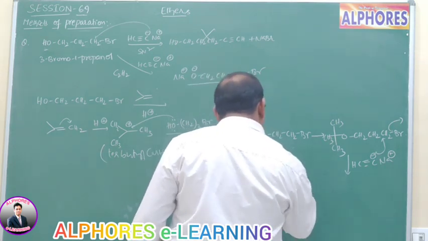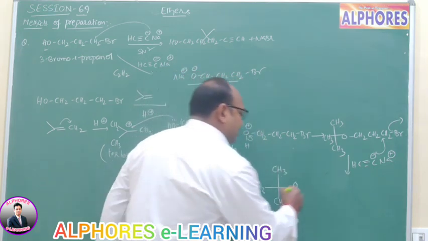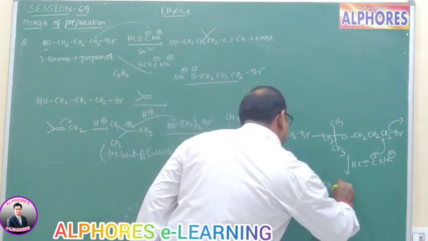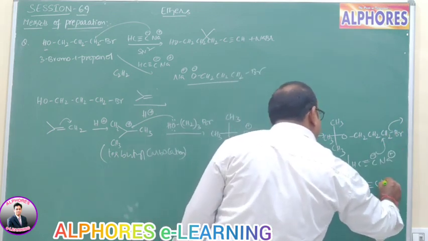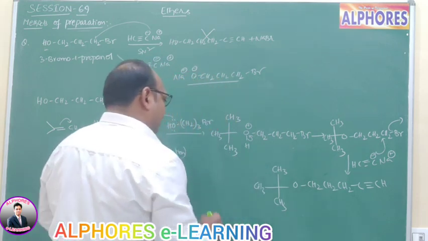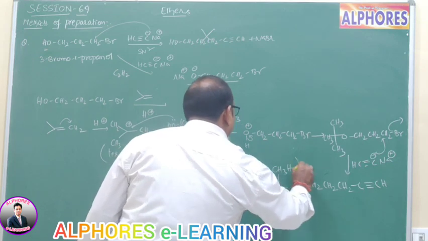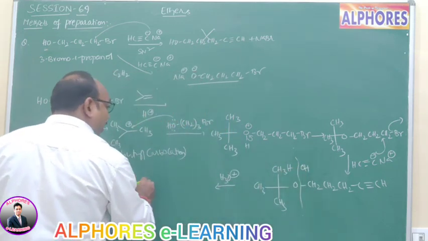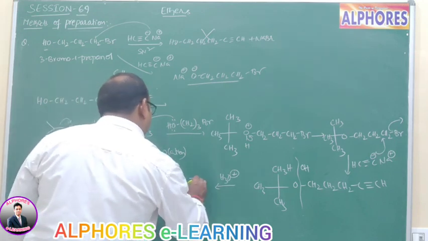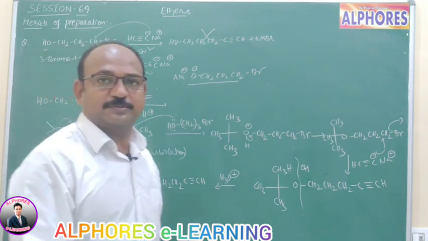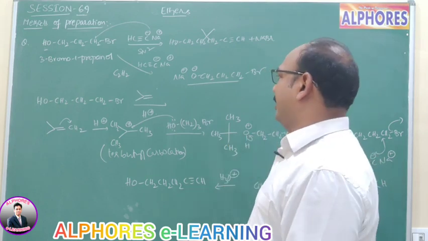Then we get the product with the tertiary butyl group, oxygen and CH2, and the Br is displaced by C triple bond CH. Later, hydrolysis gives back the OH group. So, in order to protect the OH group, we can use this method.